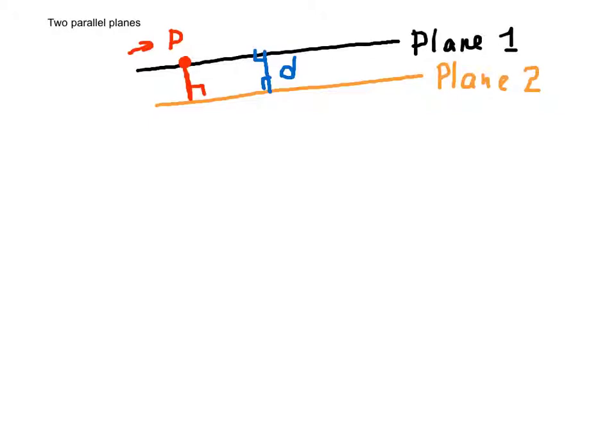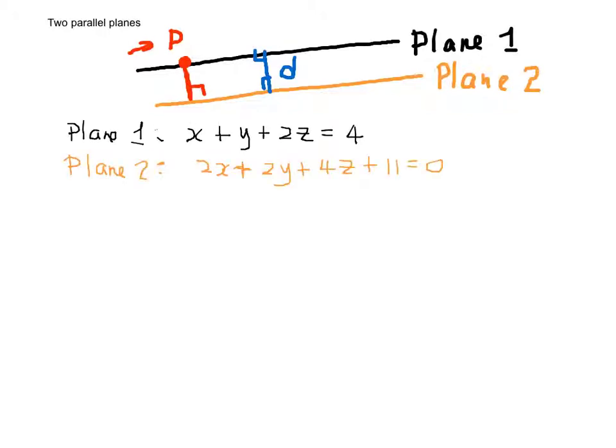Now, take for example this problem here. Suppose the equations of two planes are given, plane 1 and the second plane. We're going to work with the first plane and determine a point which plane 1 passes through.